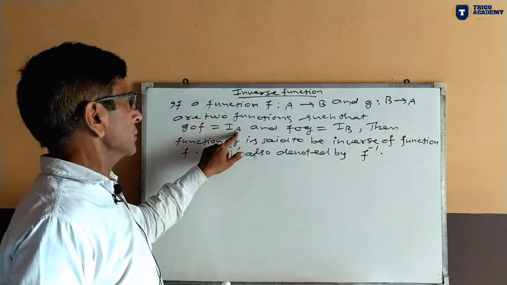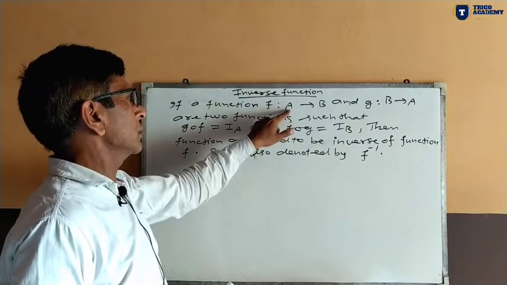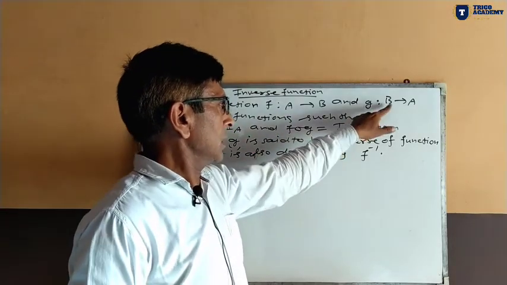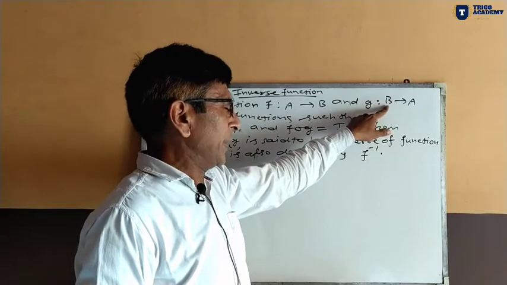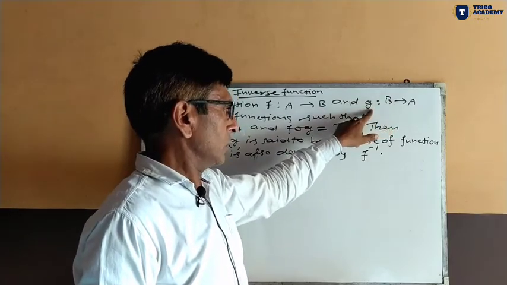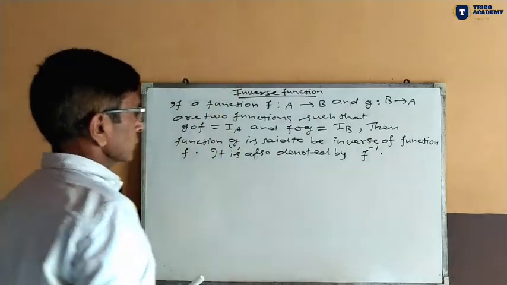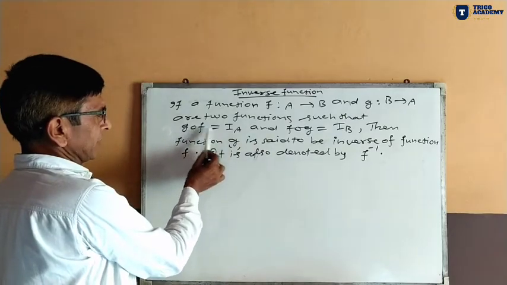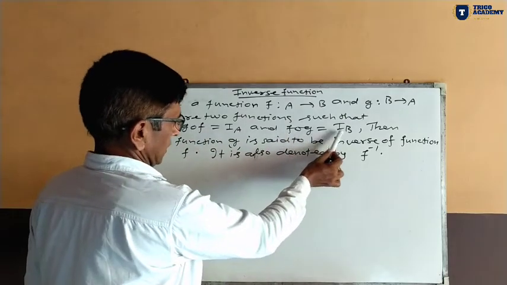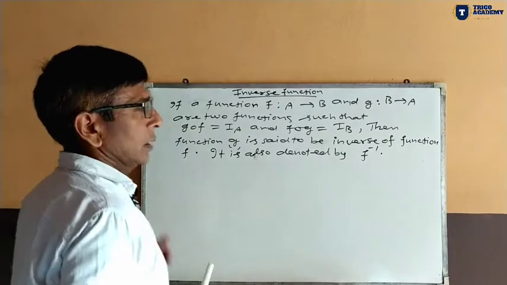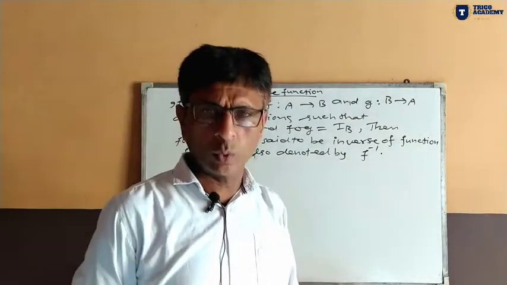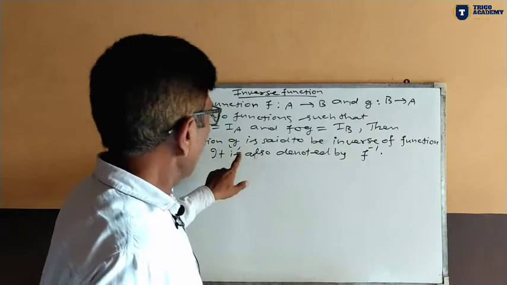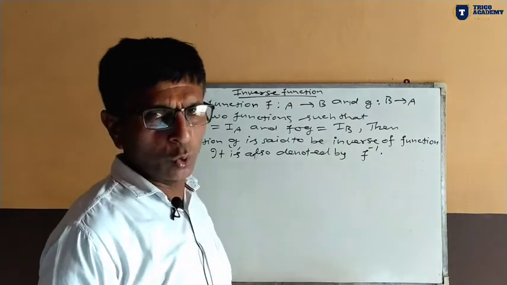Its values come in A, the domain of f, and IB values lie in B, and B is here the domain of g. Okay? If these conditions are satisfied, GOF equals IA and FOG equals IB, then we will say function g is said to be the inverse of function f, and it is also denoted by f to the power minus 1.